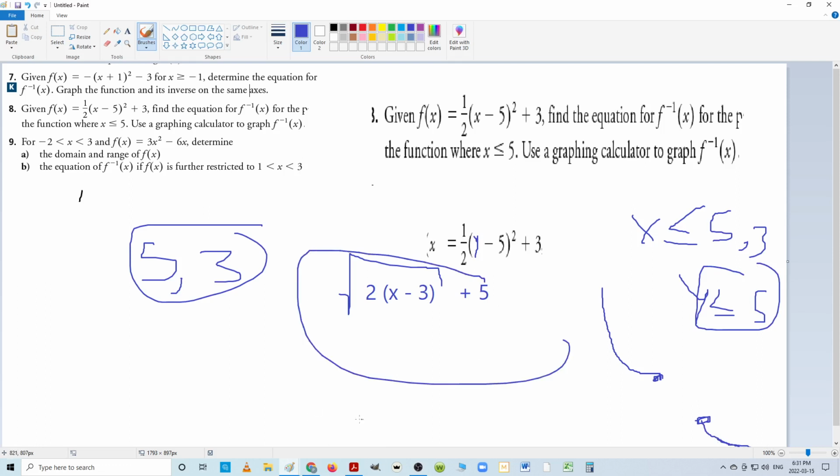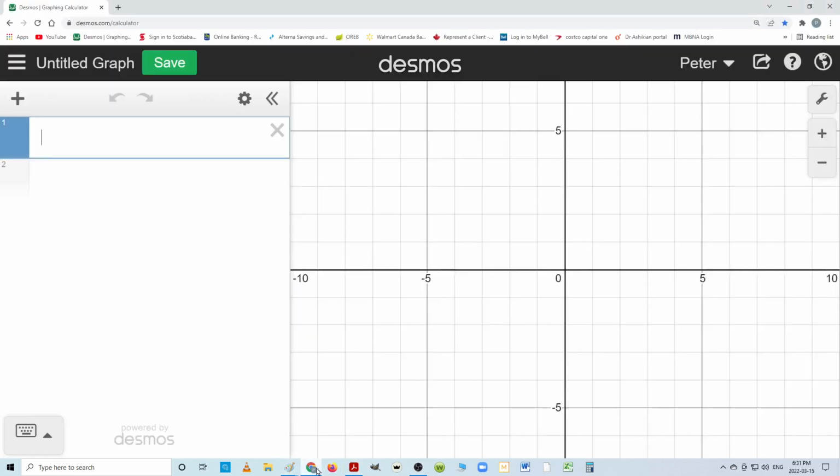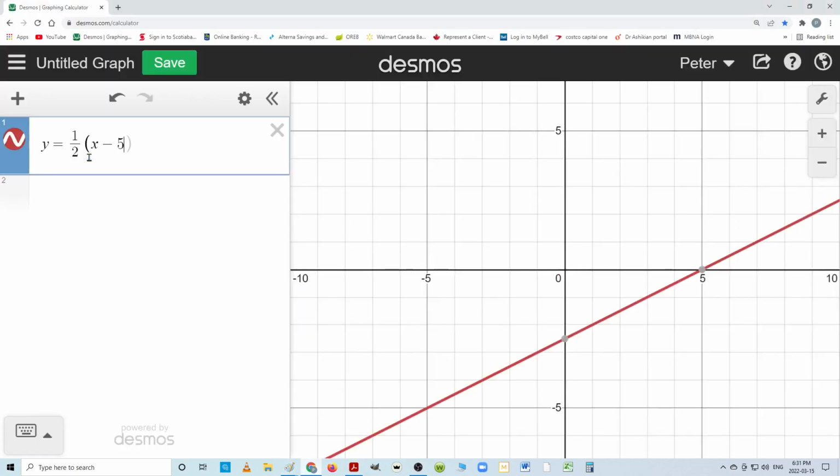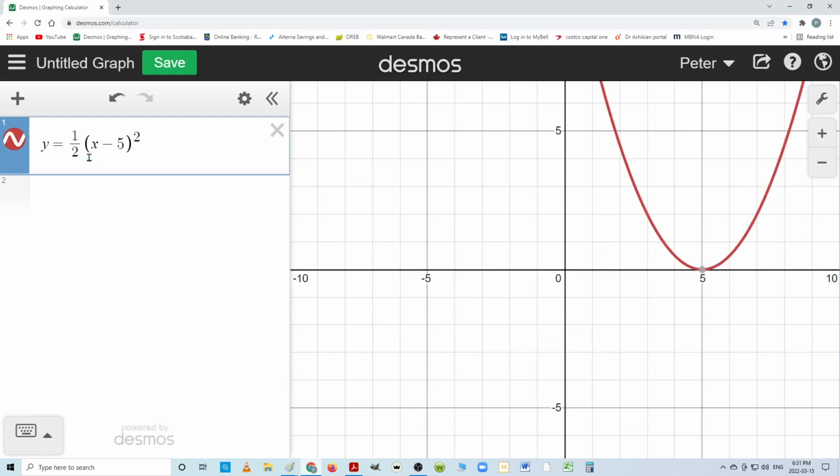So what we're going to do is I'm going to graph calculator, use Desmos. So there's the original, but keep in mind they only want us to use the left side.